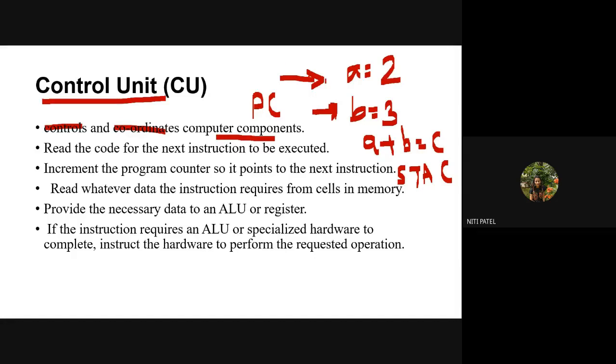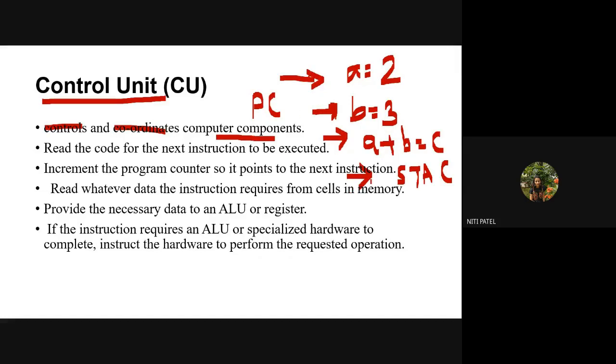So currently my pointer is at A is equal to 2. Now PC, program counter, will move this pointer from A is equal to 2 to B is equal to 3. Once the execution of B is equal to 3 is started, PC will move this pointer from B is equal to 3 to A plus B is equal to C. Once the execution of A plus B is equal to C has started, the program counter PC will move the pointer from this location to this particular location.